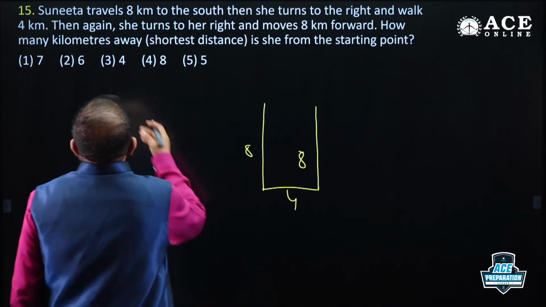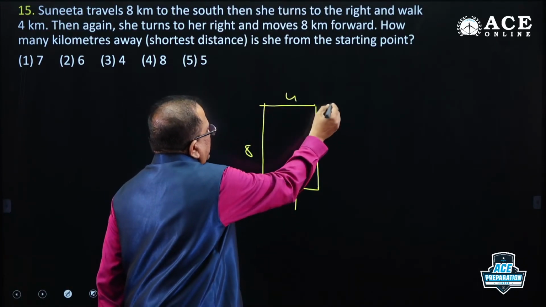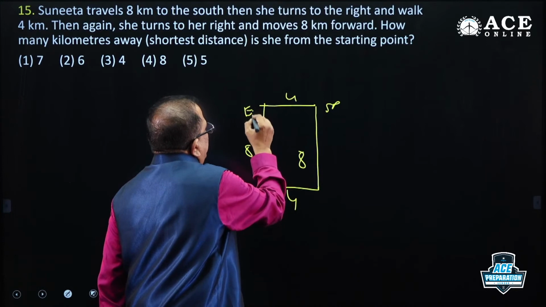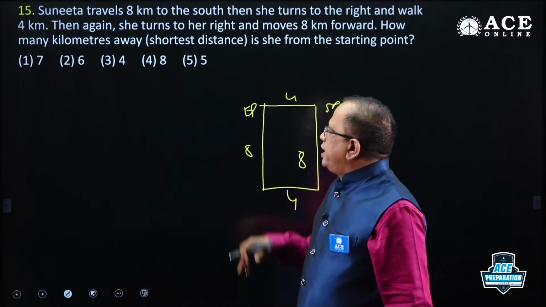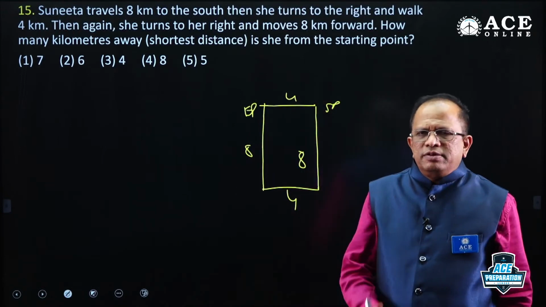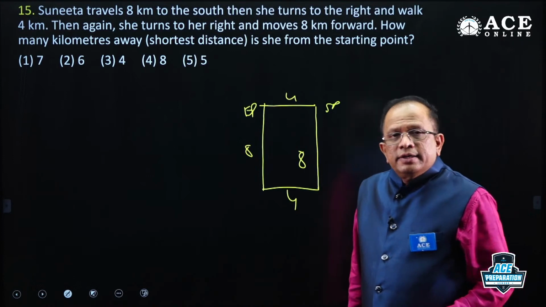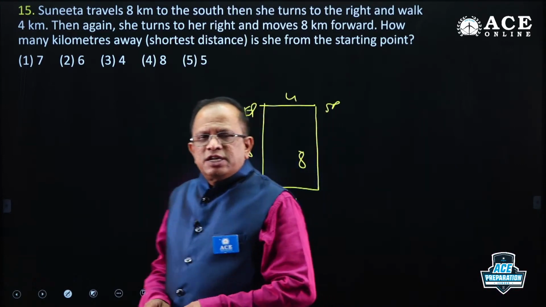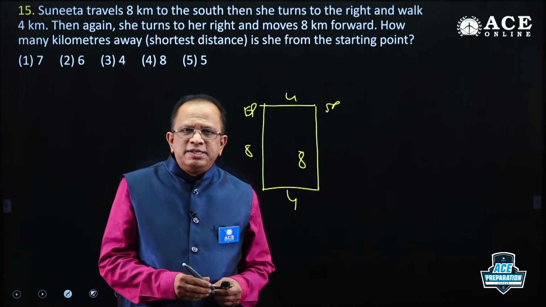Then what is the shortest distance? So this will be 4 only, because this is the starting point, this is the ending point. Shortest distance will be near the straight line. So you are going to have 4 as the answer. Simple question. Okay? So these are the questions I wanted to discuss with you as part of directions and distances.